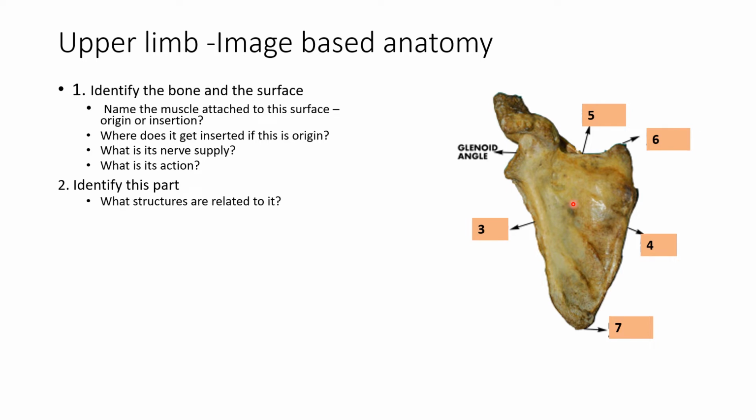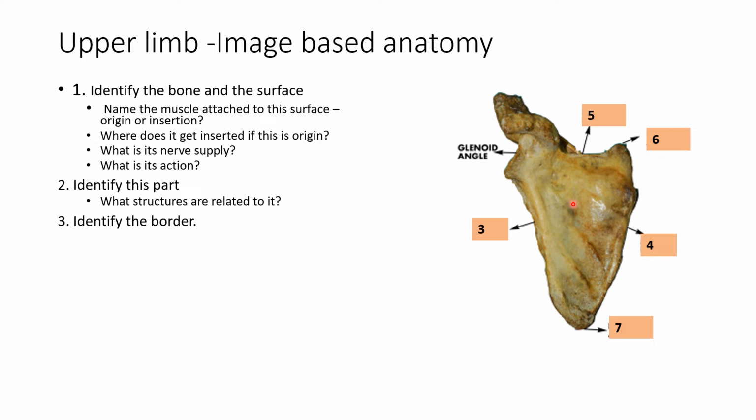And structures related to it are the glenoidal labrum which I have mentioned, and then there is the head of humerus which comes in contact with it. Then let us look at the third point. What is this border?